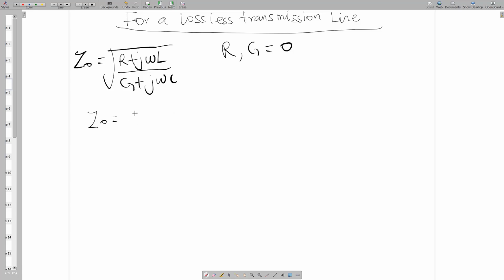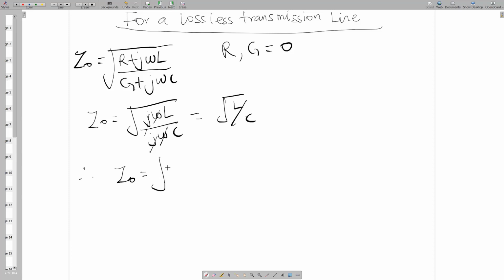Now Z naught is going to be equal to root of j omega L all over j omega C. We see that j will cancel j, omega will cancel omega. So Z naught will be equal to root of L over C.